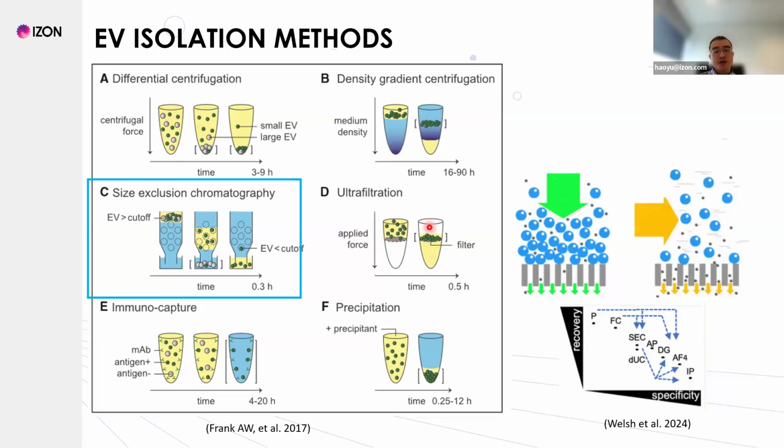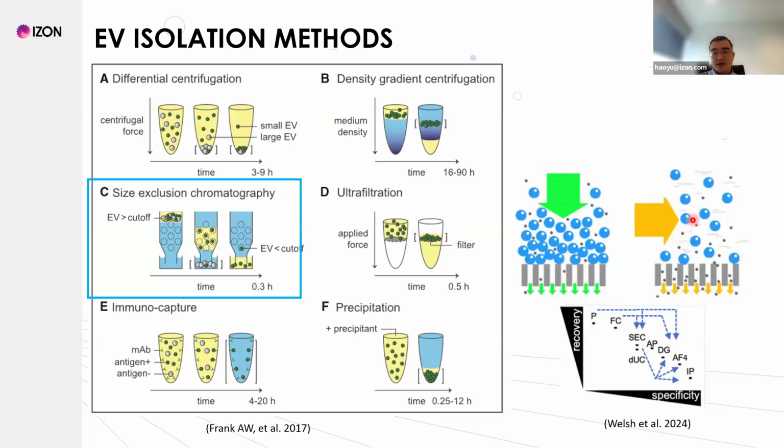Currently, there are usually two variations of ultrafiltration. One is dead-end. You can see, for example, the blue one is the EV stuff. It will be concentrated through here, but the drawback is that the blue things accumulate on the membrane, which will largely affect the efficiency.